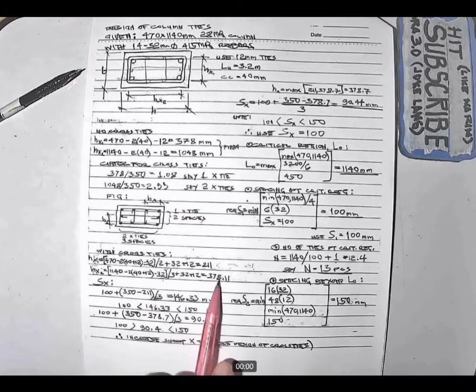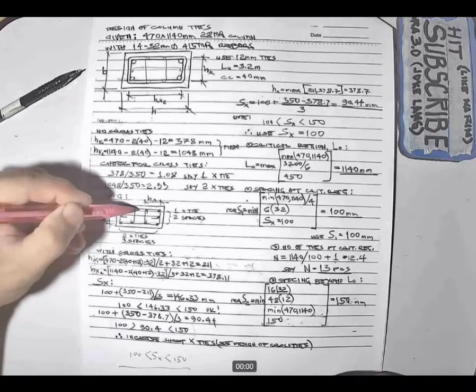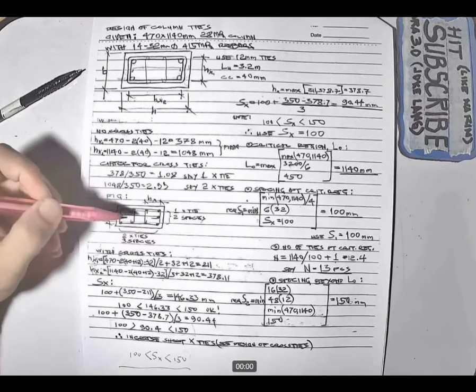Computation of SX using 378.11 will give you 90.4, which is less than 100. Okay, so this condition is not satisfied. So, you should increase the short cross ties. So, it should become 3.